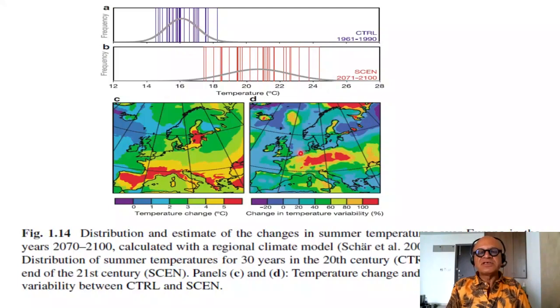Okay, so you can see some regions here warm tremendously in Central Europe extending, and some regions get colder here compared to the 20th century base period. So this is obviously something that people can use for decision making.